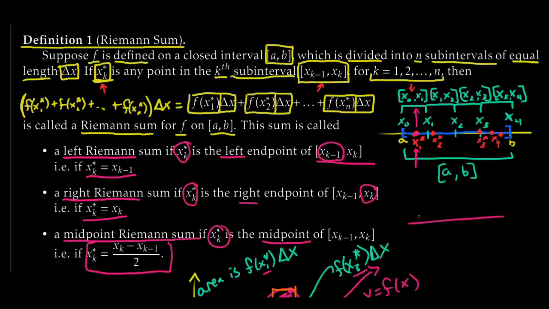Think of it like you've got xk minus 1 and xk, and right dead in the middle is this point, which is from this guy over by 1/2 of the full length. So I'll get this point right here, which is xk minus 1 plus (xk minus xk minus 1) over 2. So that's this little guy right here.